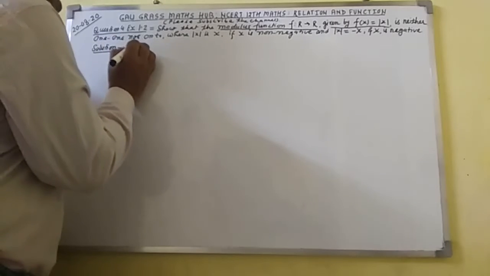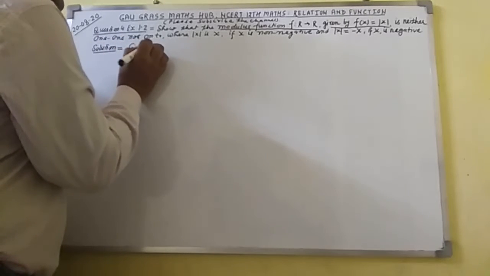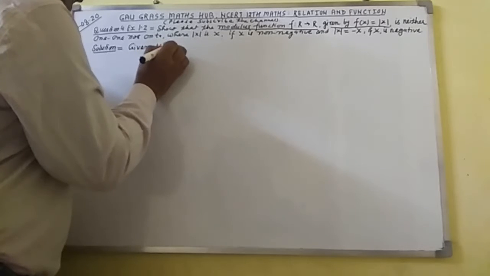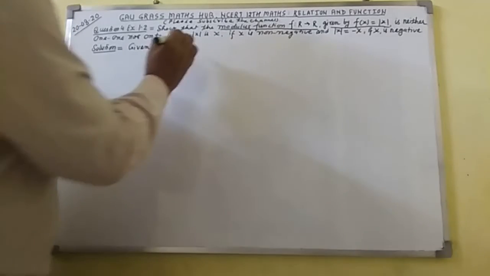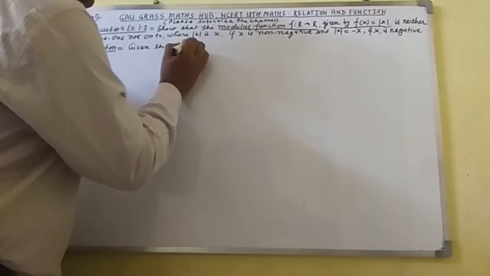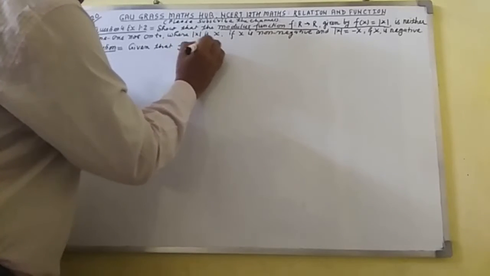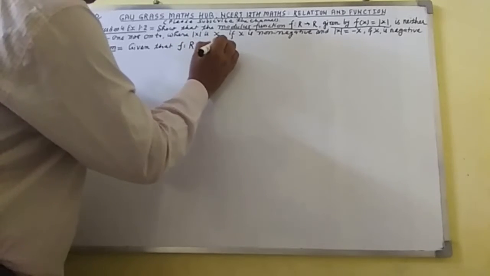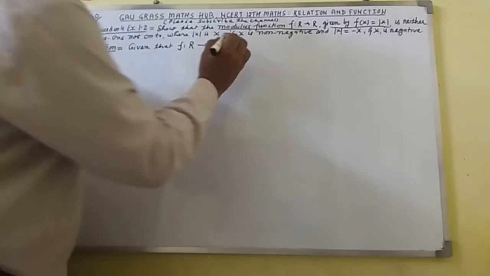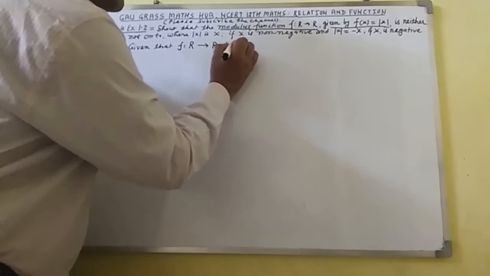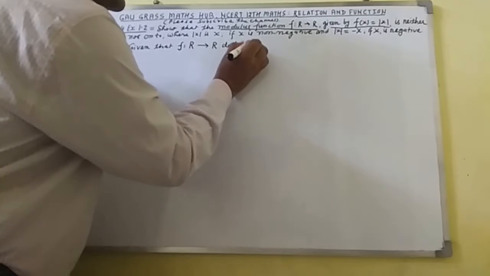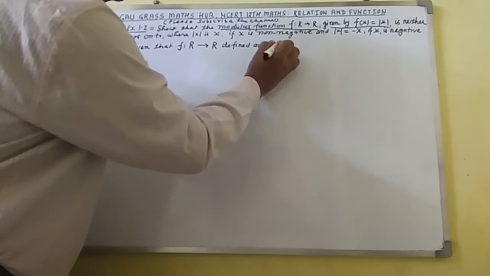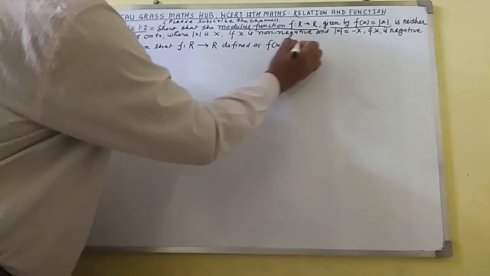So here I shall write: given that f from capital R to capital R is defined as f of x equal to mod x.